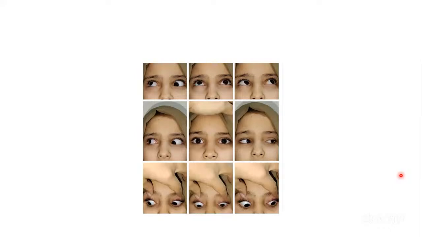This is a photo of a 9-year-old girl in primary position. There is a slight hypertropia in the right eye. Also in the up gaze the left is slightly hypertropic. And in dextroversion, the left eye is still hypertropic.